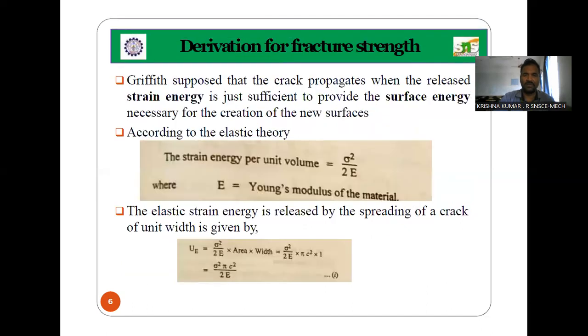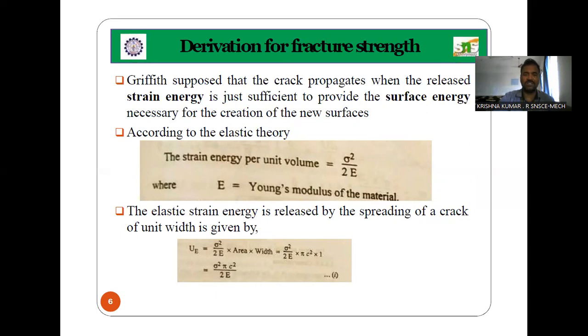Derivation for fracture strength. Suppose the crack propagates when the released strain energy is just sufficient to provide the surface energy necessary for the creation of the new surfaces.